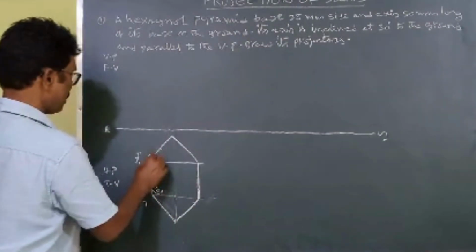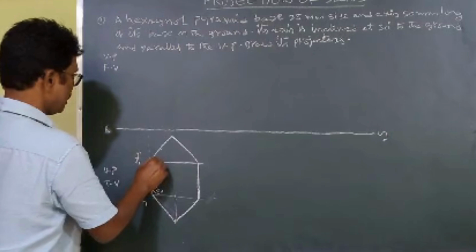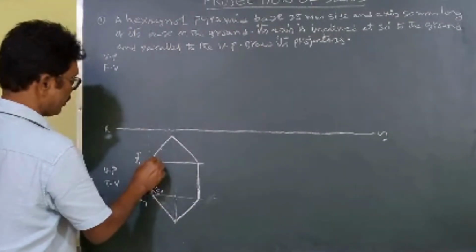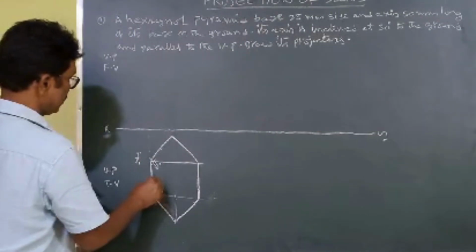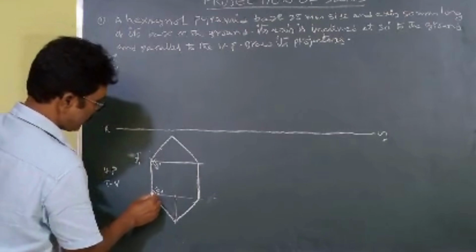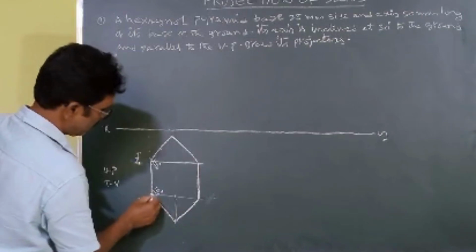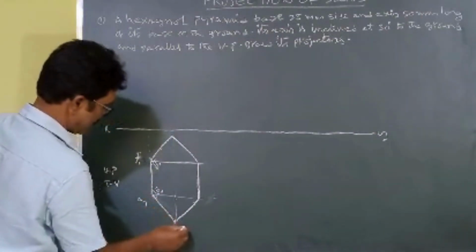First, you draw a perpendicular to XY. Here you set up 25 mm length. Let us name the points A1 and F1. At A1 you set up 120 degrees and draw a line through it.